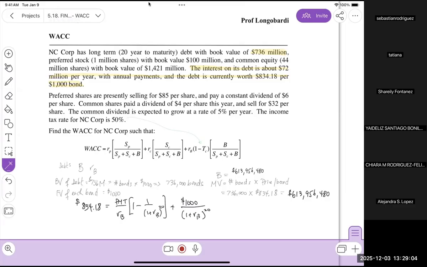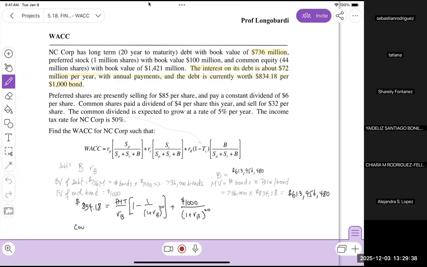And you're going to figure that out by the fact that you have 72 million per year in interest payments. In other words, these are your coupons. Out of the total book value, which is 736 million, and that's going to give you your coupon rate.